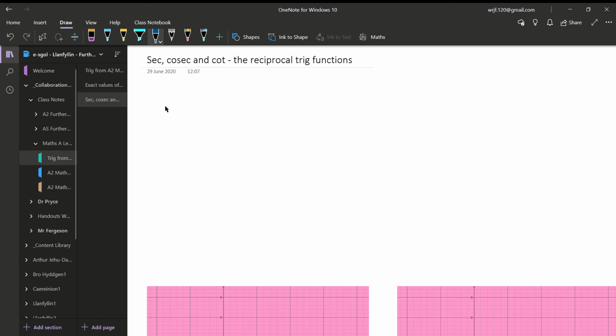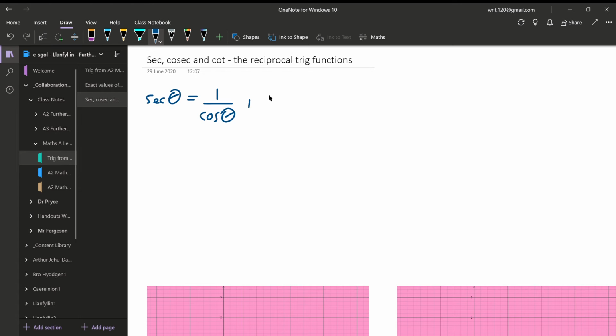So the definitions here. So we talk about, for example, sec theta. And this is defined just as being the reciprocal of, therefore 1 over cos theta. So sec theta is defined as 1 over cos theta.